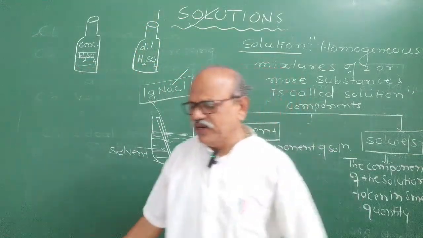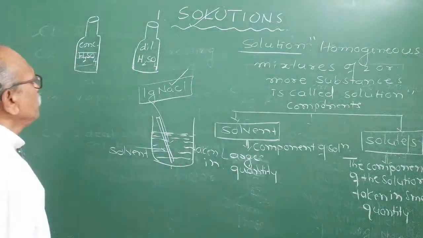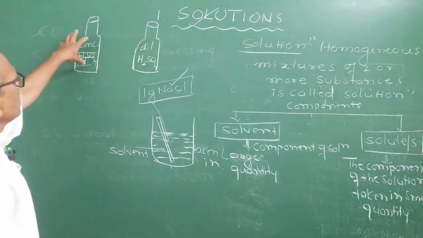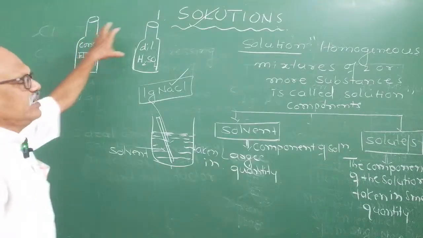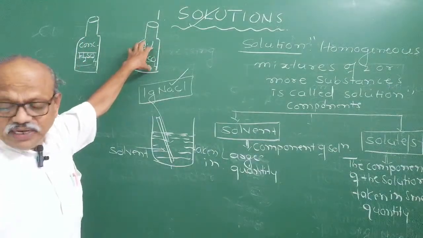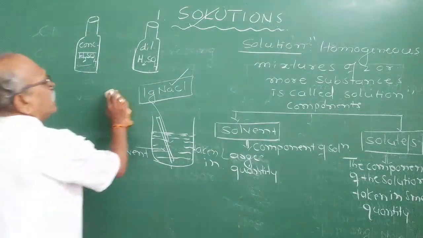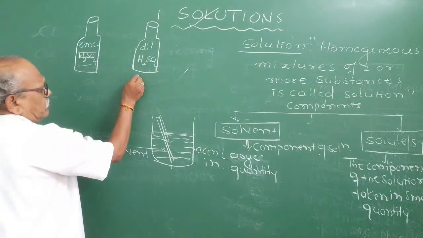Solutions are classified. Let us start the classification of the solutions. Basically, in the laboratory, you will get two types of bottles: concentrated hydrochloric acid, concentrated sulfuric acid, dilute sulfuric acid, dilute hydrochloric acid, like this. Okay. And dilute means a small quantity, right?